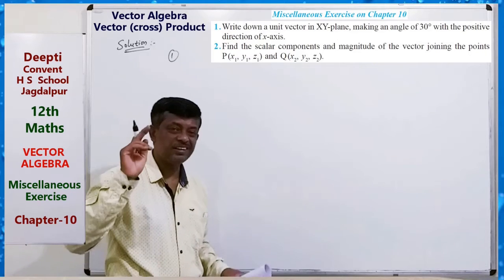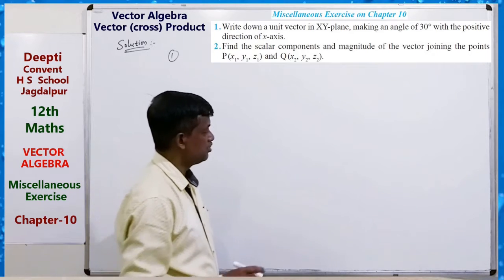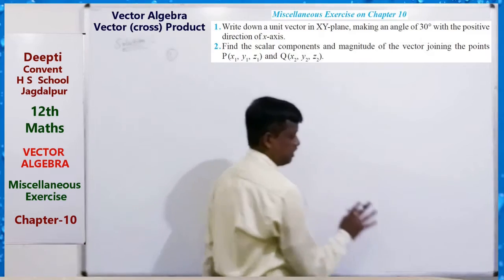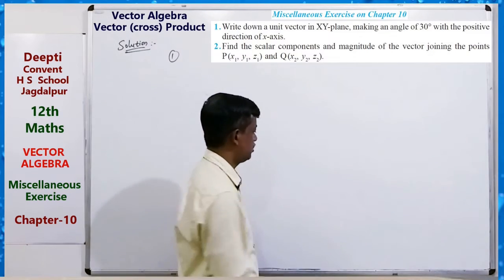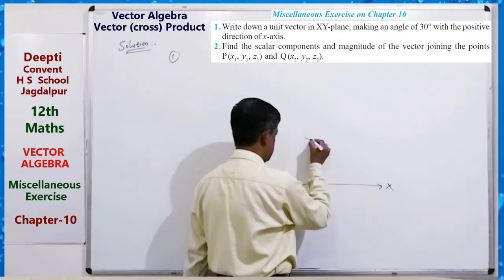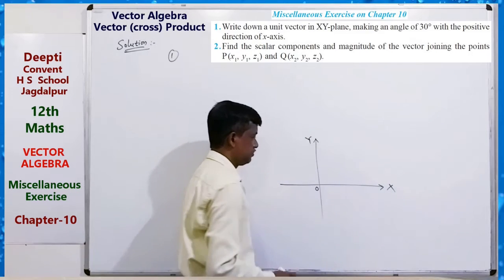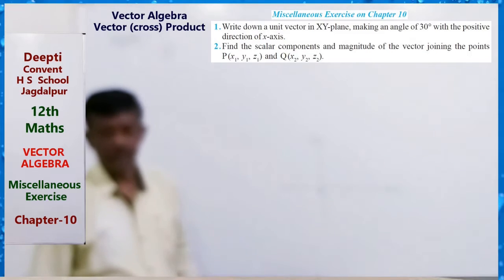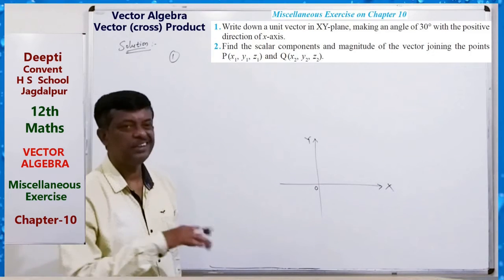Here we have to write the unit vector. We know xy plane means a plane. So just like this, this is the x axis, y axis, this is the plane, this is the origin. Unit vector in the xy plane.